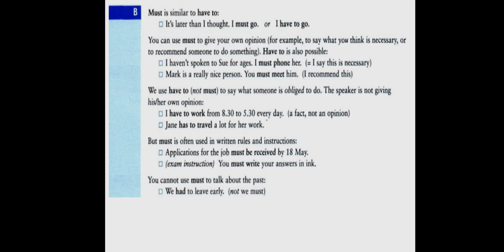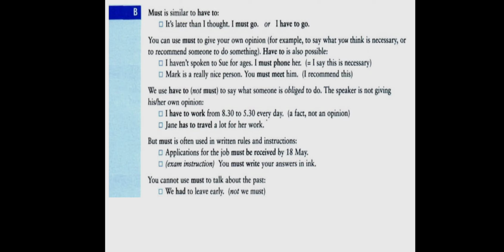Here, in the case of have to, we speak about external forces, or we speak about a fact, or we speak about rules. Rules are set by using have to, meaning you have external power which forces you to do something. So I have to work from 8:30 to 5:30 every day.